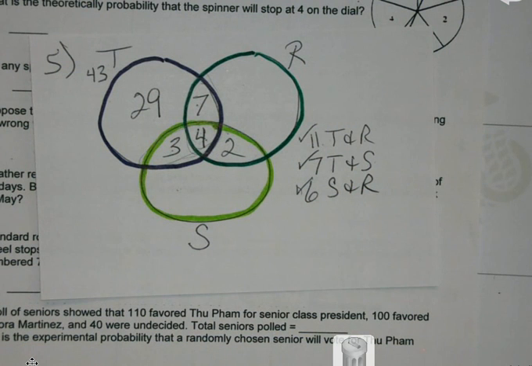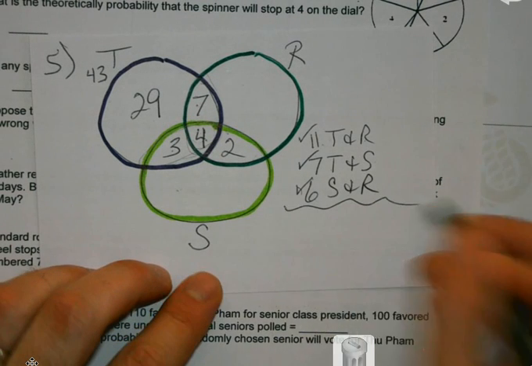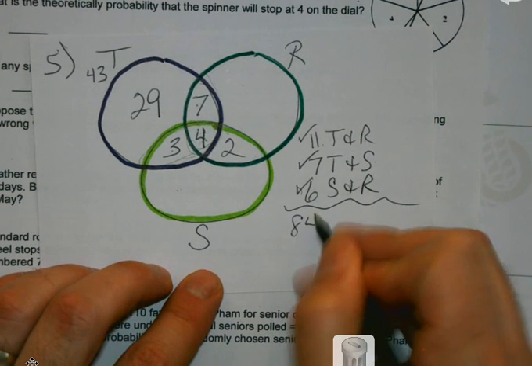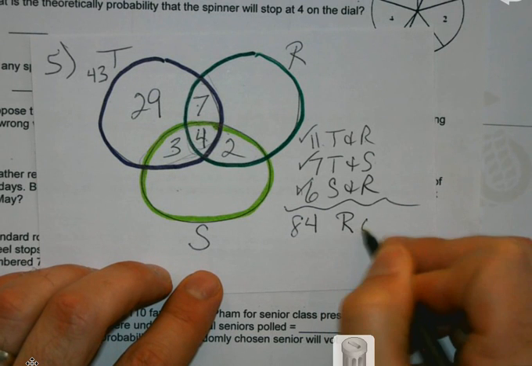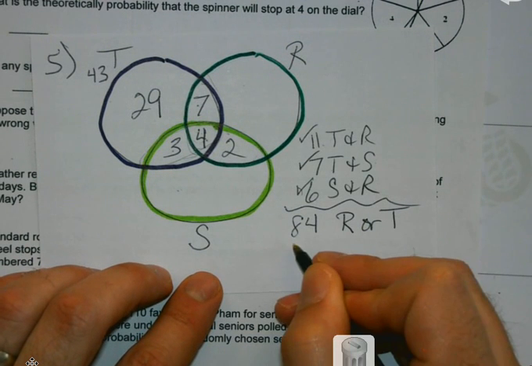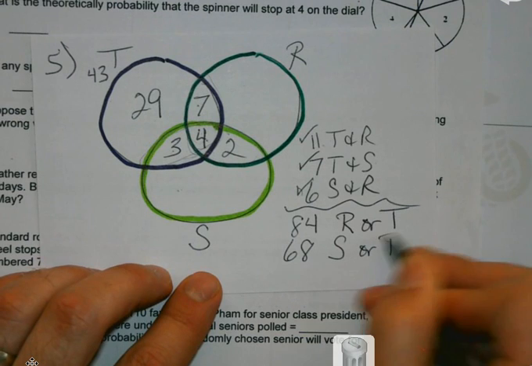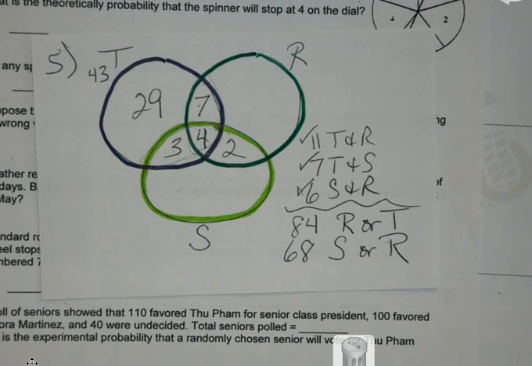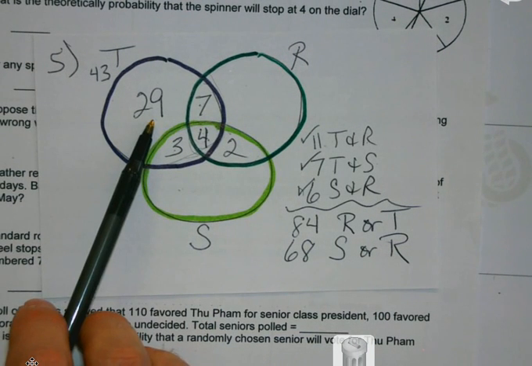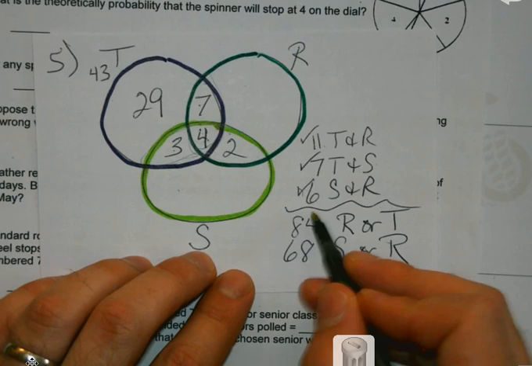So then I start to look at what I have left to work with here. Let's see, what haven't I used yet? Okay, so I also know that 84 play rugby or tennis, and I know 68 play soccer or rugby. Well, hey, I already know part of the tennis here, so let's play with this.